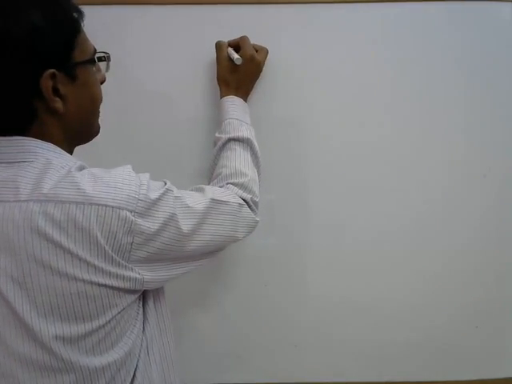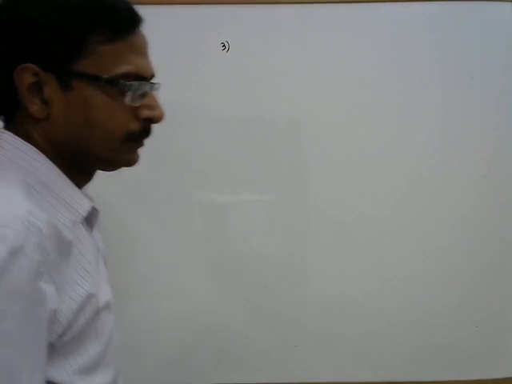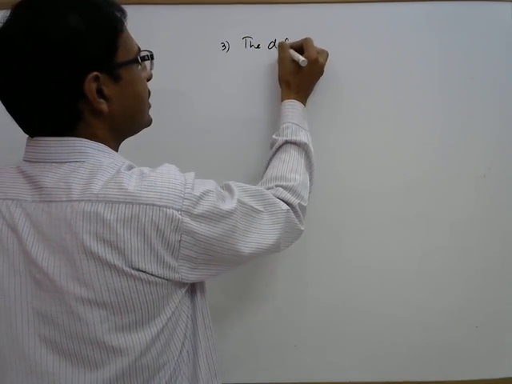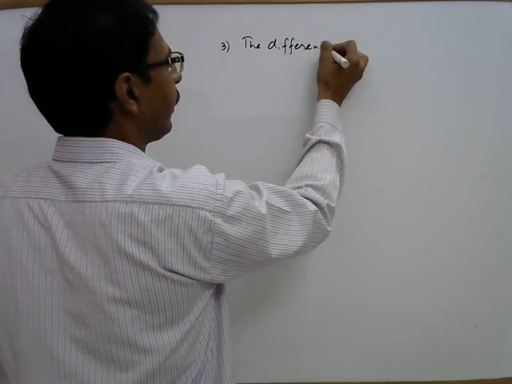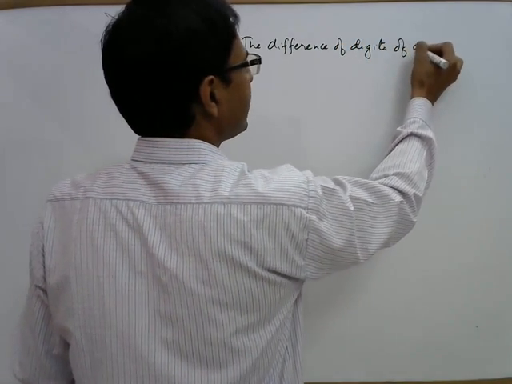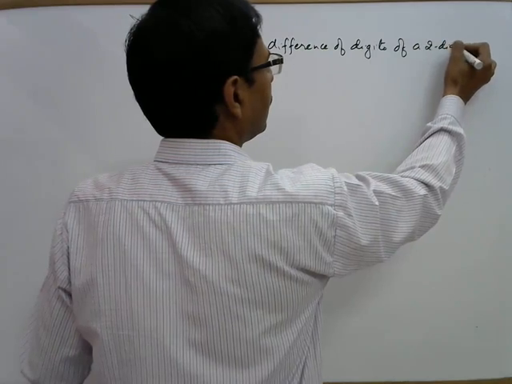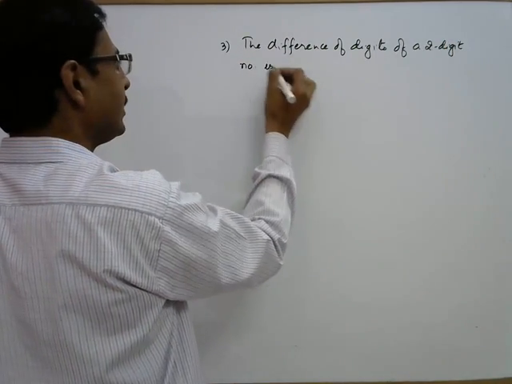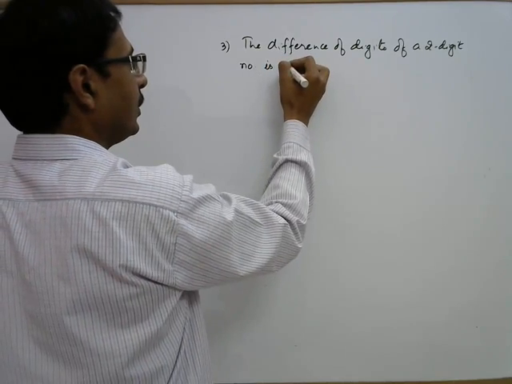Question number 3. The difference of digits of a two-digit number is 3.